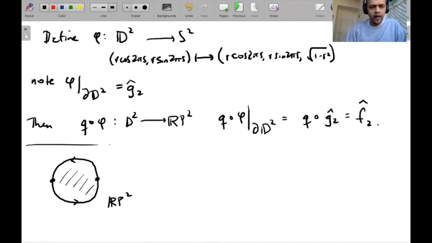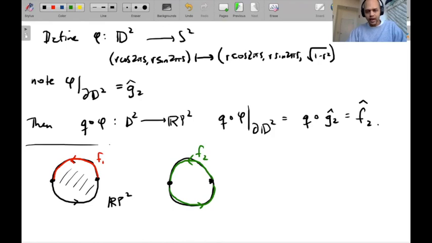And the image of F1 is this loop here. And the image of F2 is the full boundary. I mean, that's sort of how these things were defined. So here's the image of F2. But of course, this edge is this edge.